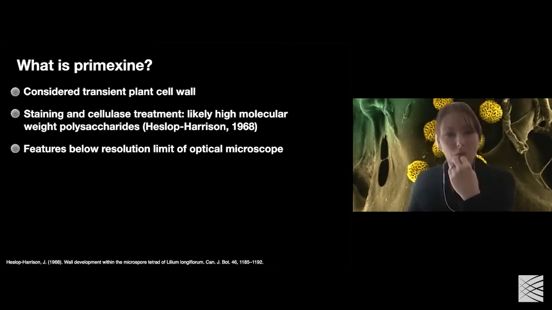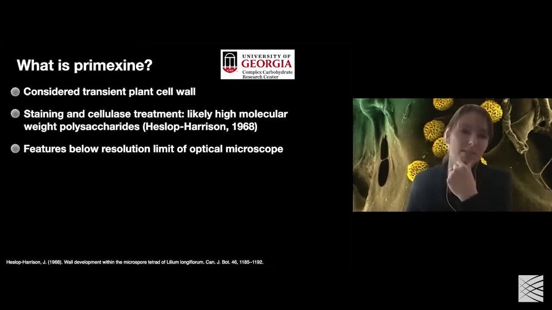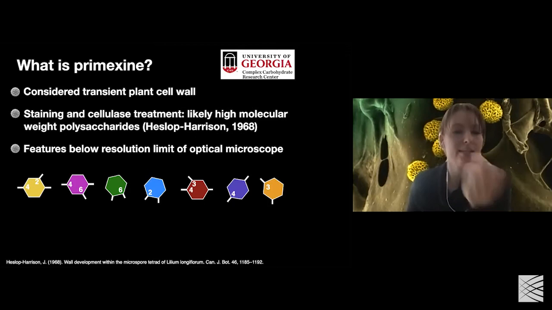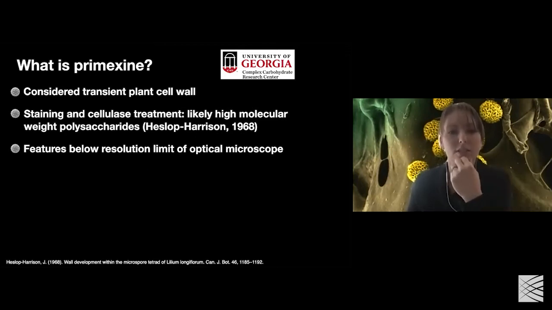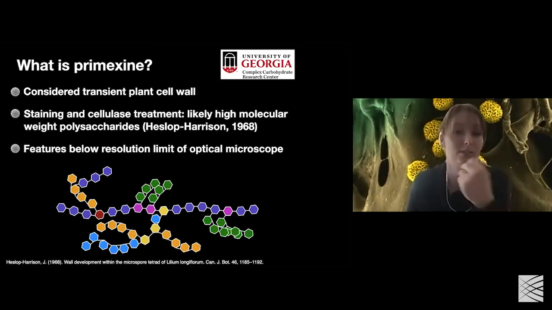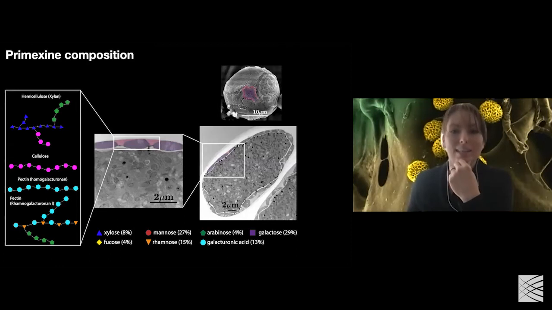But we wanted to get a little bit of an idea, so we sent some samples ourselves to the University of Georgia's Complex Carbohydrate Resource Center and did a monosaccharide and linkages analysis to essentially conclude what are the potential and possible macromolecules that are formed from this. And what we found was that it's likely forming things that are typically found in plant cell walls, which I guess is the conclusion you want to get even if it's not particularly new.